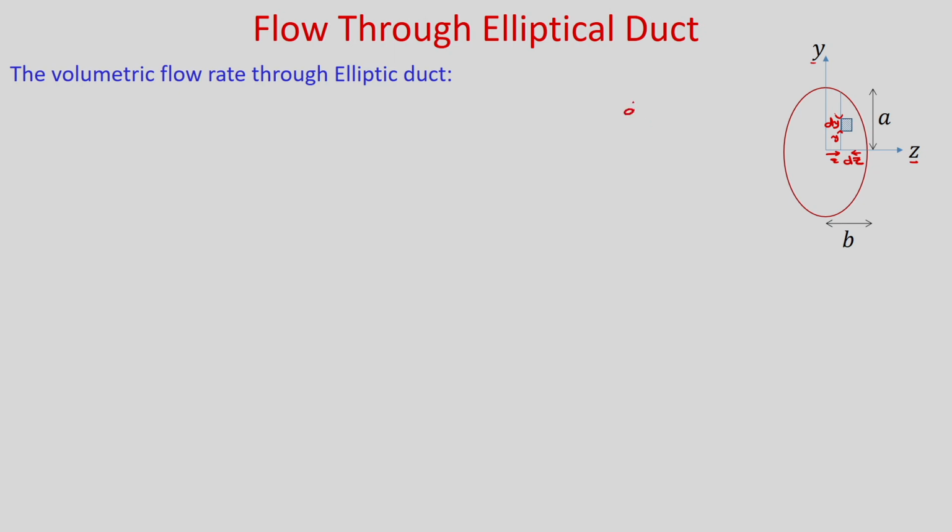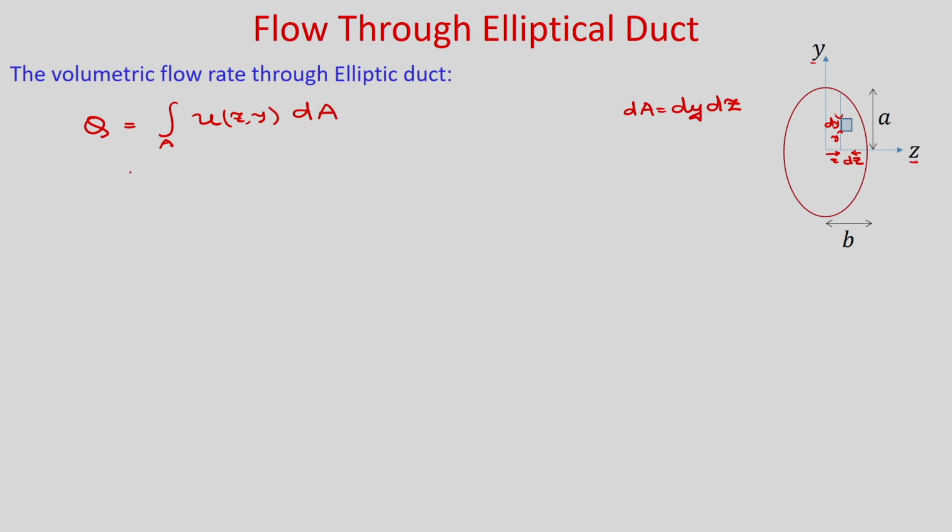So, dA is dy into dz. Now, if you integrate this area over this 1/4 of the elliptical duct, then you will get the total area. And now let us find the volumetric flow rate for this 1/4 as q is equal to, obviously, the area integral of u, which is a function of z, y, dA, right.